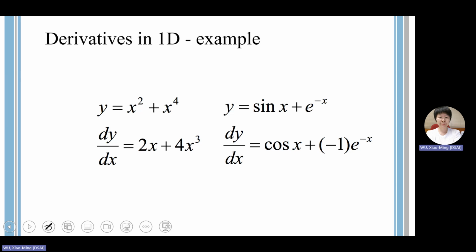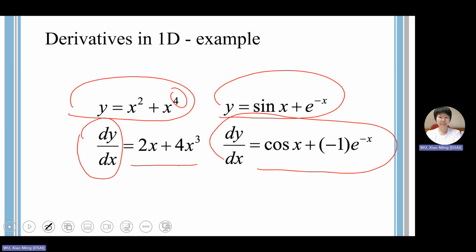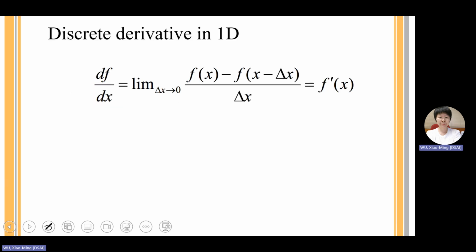Let's recall how we compute the first order derivative of this polynomial function: 2x plus 4x to the power 3. And this is the derivative for a sine function plus an exponential function. So that's the derivative for real functions.